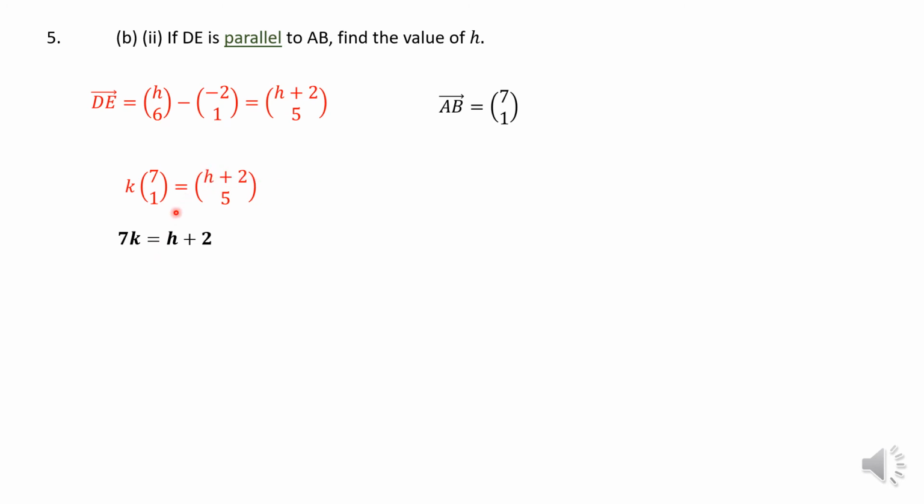You equate them. And then the second one is k times 1 equals 5. So now we know what k is. k is equal to 5. So I'll take that 5 and substitute it here. The objective is to find the value of h. So 7 times 5 is 35, and then obviously h should give you 33 as an answer.